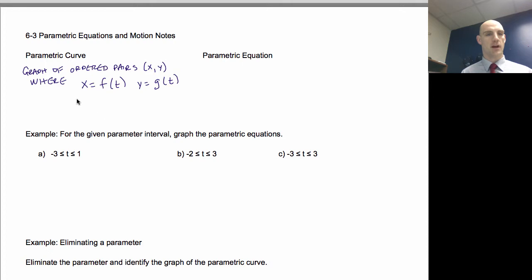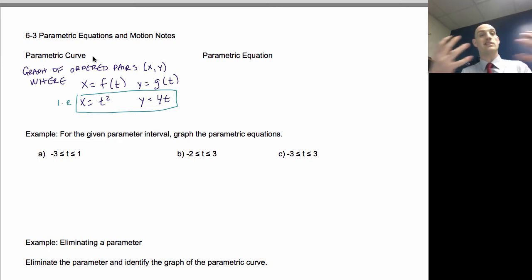For example, it might look like x is equal to t squared and y is equal to 4t. So this would be an example where we have x in terms of t and y in terms of t. Well, for parametrics we are also defining them in terms of an interval. And so parametric curves and parametric equations work together because the curve is a graph of the equations.